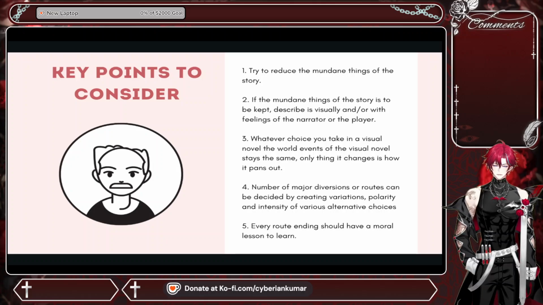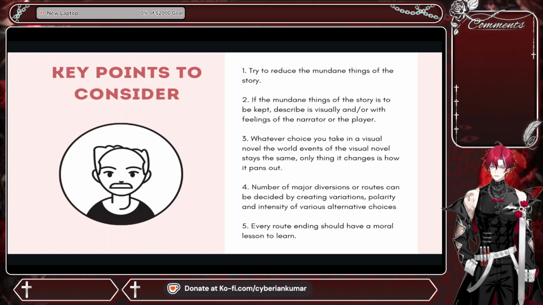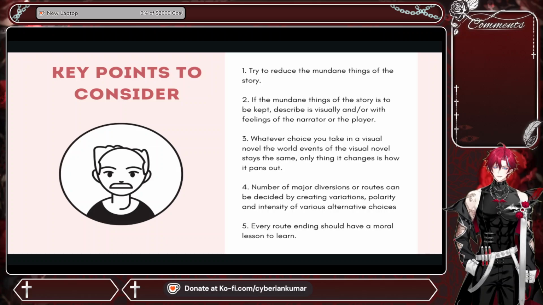Suppose you are writing a sci-fi visual novel. A world event that is going to happen is that an asteroid will hit the earth. This will happen in any case. It is outside the control of the story because it is a world event.